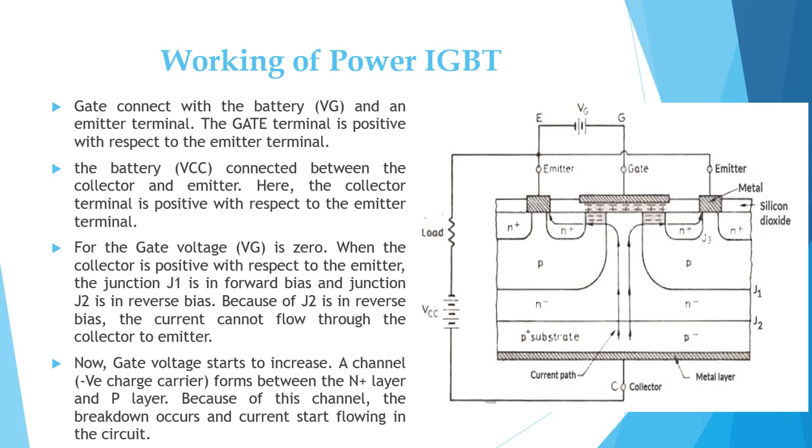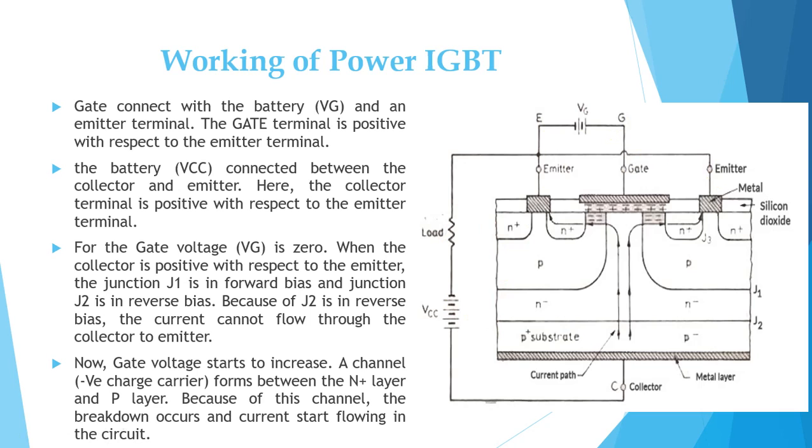The gate voltage is 0 when we are not applying voltage across the gate. When the collector is positive with respect to the emitter, junction J1 is forward biased and junction J2 is reverse biased. Because J2 is reverse biased, the current cannot flow from collector to emitter.